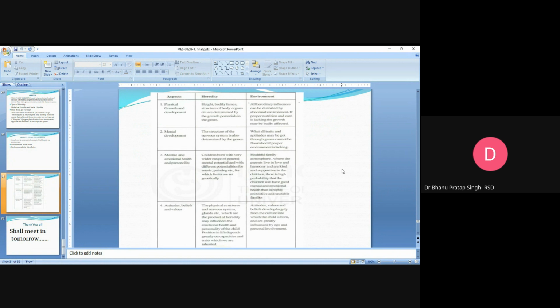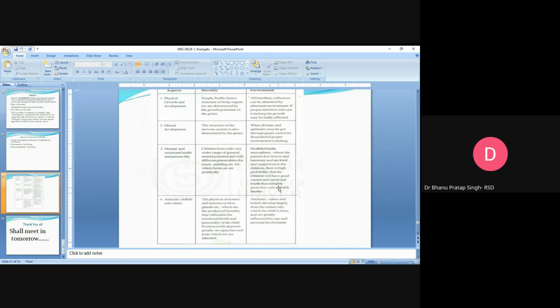Position in life depends greatly on these capacities and traits which are inherited. As far as environmental theory is concerned, attitudes, values, and beliefs develop largely from the culture into which the child is born and are greatly influenced by ego and personal involvement.